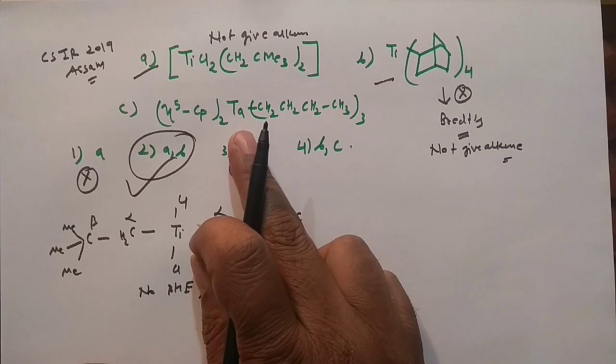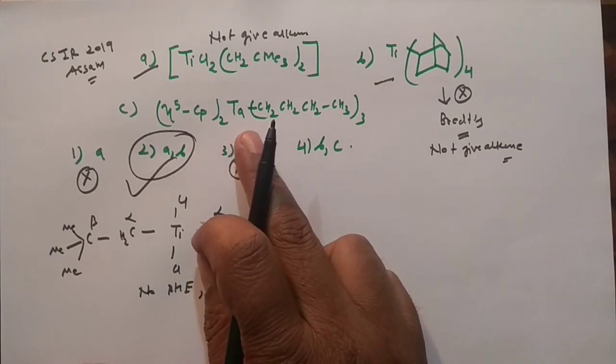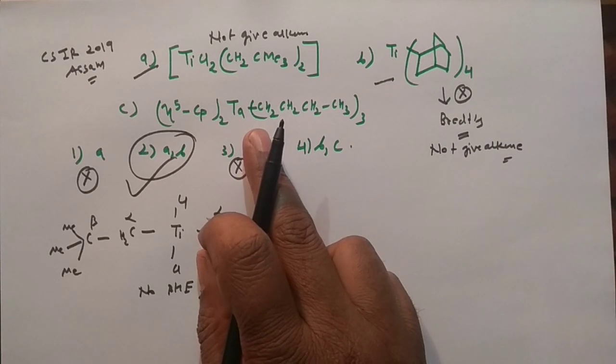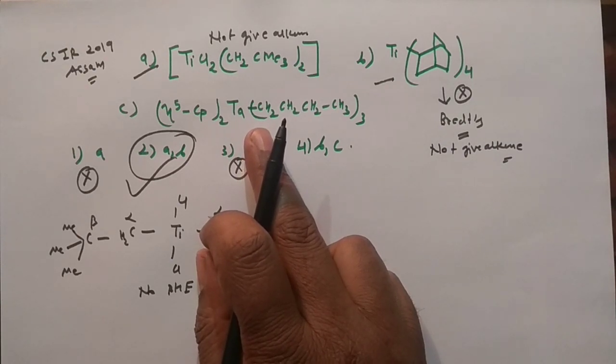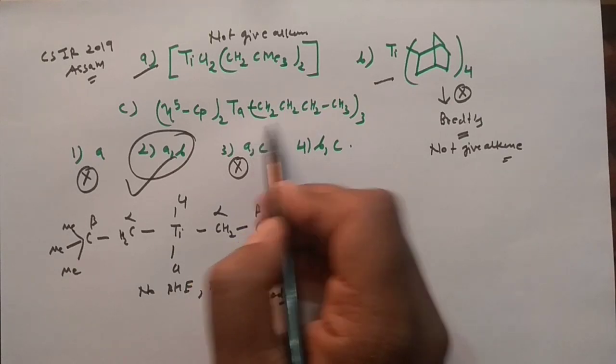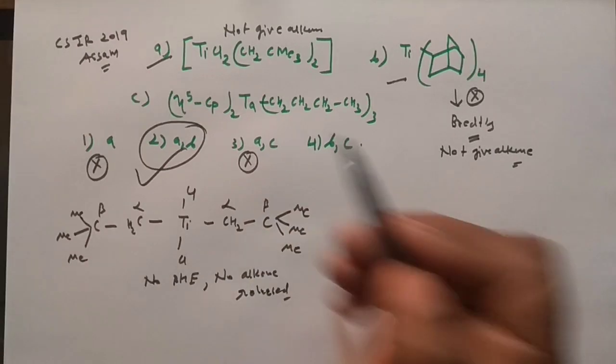And if you see this particular one, tantalum, this Ta, this C, it has the beta hydrogen, right? This is alpha, this is beta, present 3 times, so can it give or not?